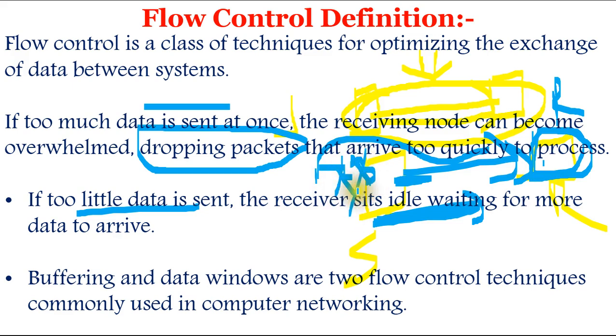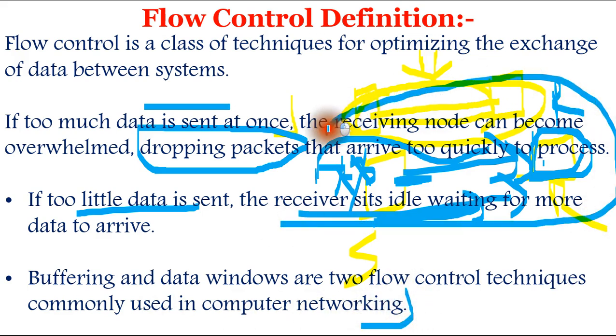Now buffering and data windows are two flow control techniques commonly used in computer networking. So we are talking about computer networking.